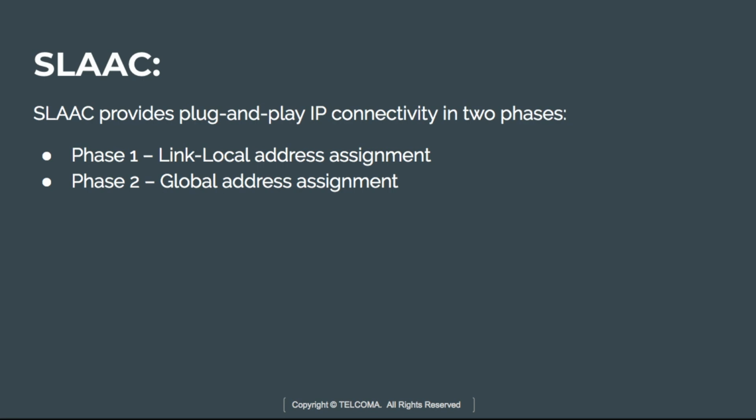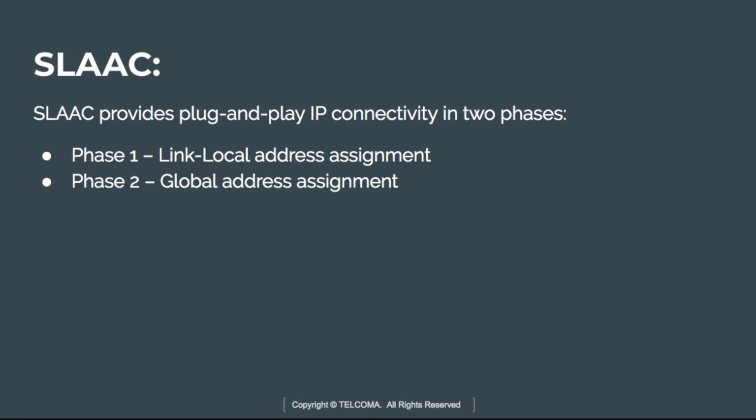In link local address assignment, we provide an address to a device for connectivity in a particular network or a particular geographical area. Phase 2, global address assignment, is a method in which we provide an address to a device so that it can communicate with other devices or the external network efficiently.